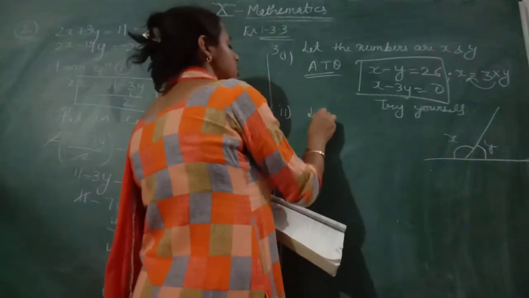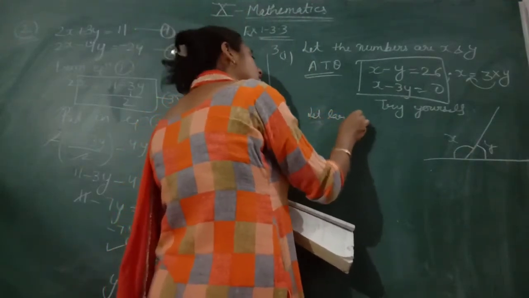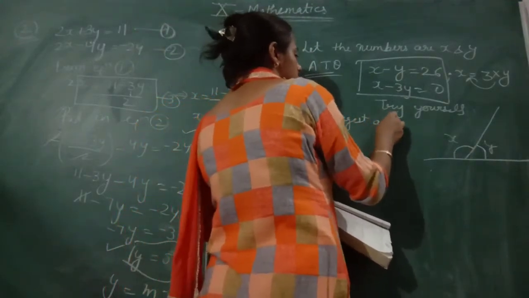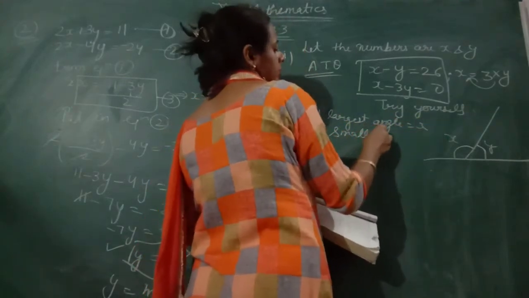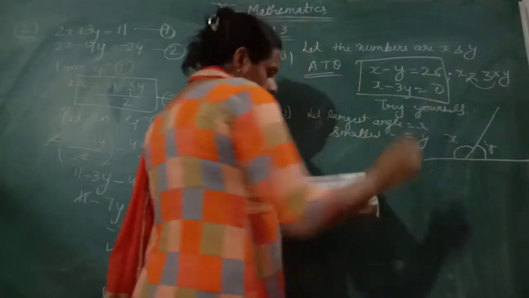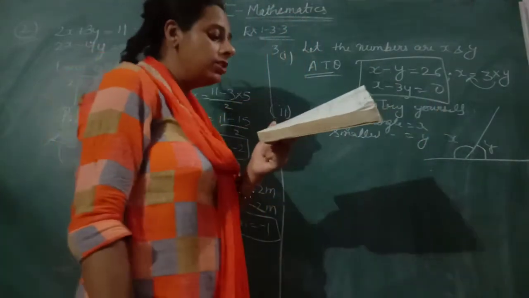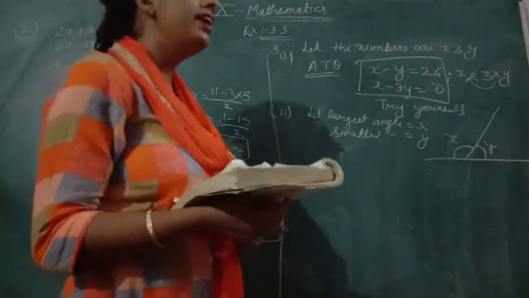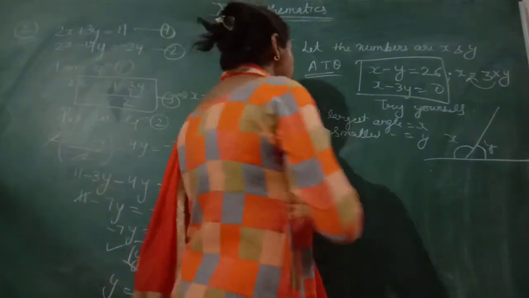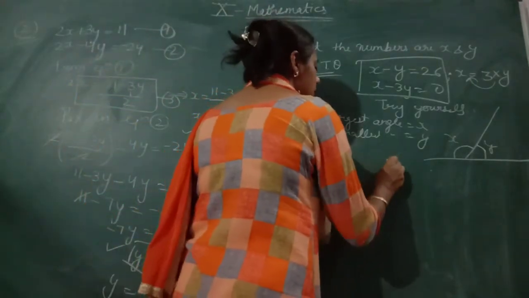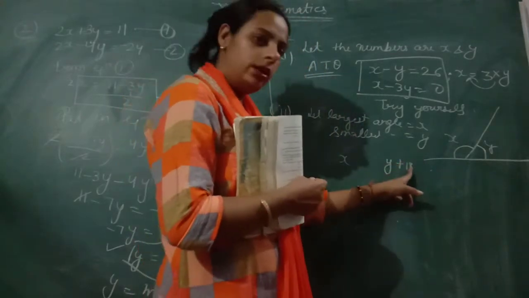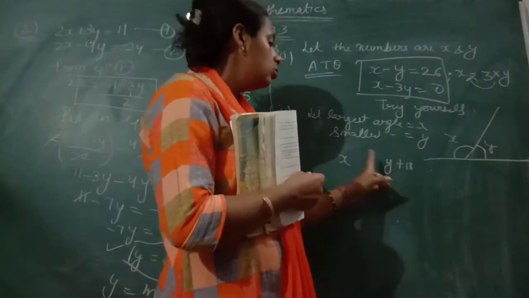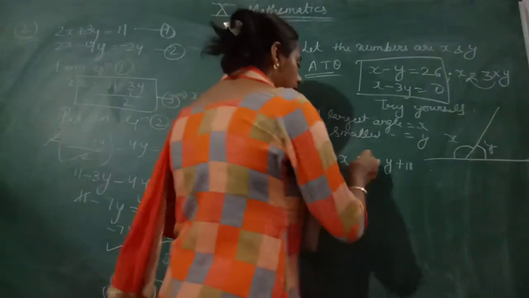Let the largest angle be x and the smallest be y. According to the question, the larger exceeds the smaller by 18 degrees. It means if you add 18 to the smallest one, you will get the larger one.